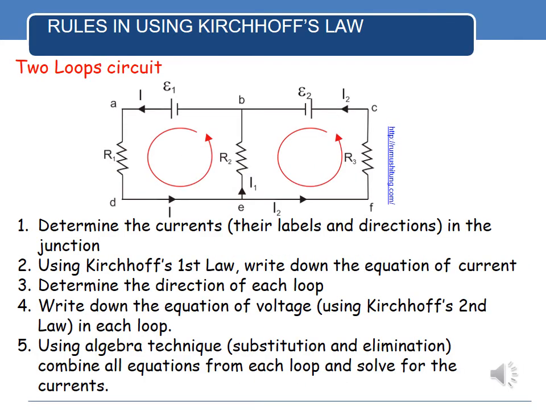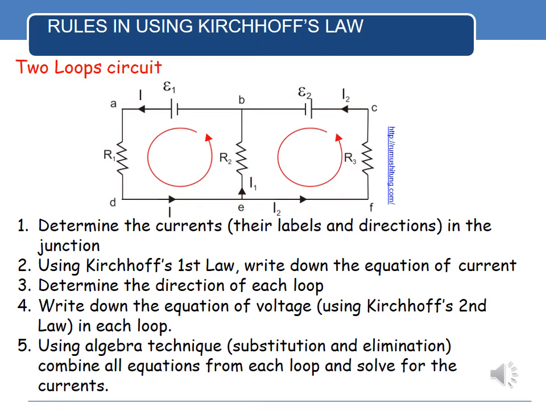What if we have a two-loop circuit instead of one? Here are some rules you can use. First, determine the currents, their labels and directions at a junction. Then use Kirchhoff's first law to write down the current equation.